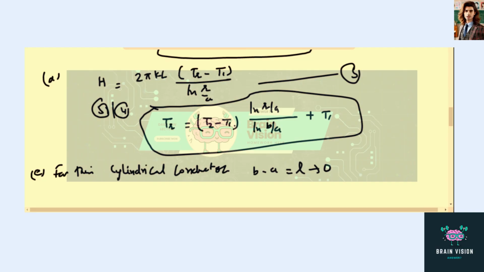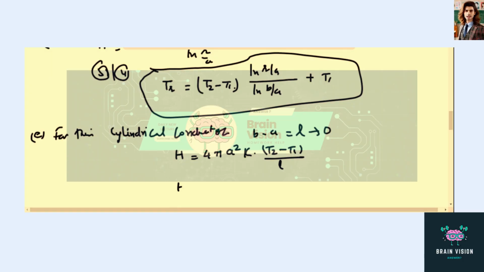So equation 2 can be written as 4 pi a square k T2 minus T1 upon L.